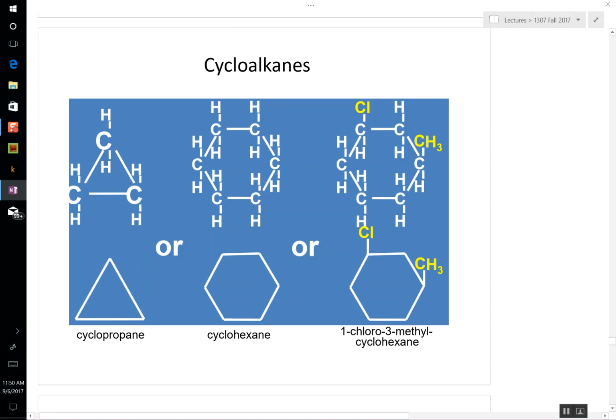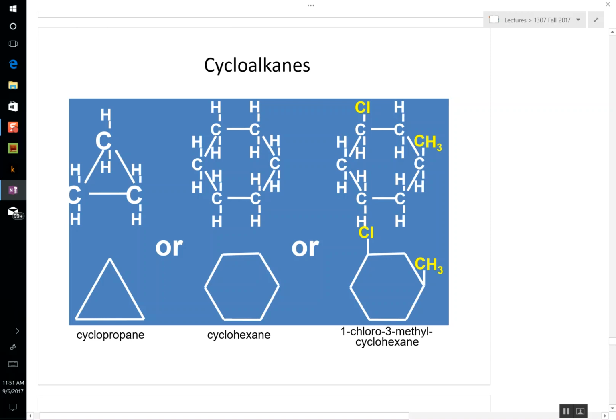Just as common, maybe even more common than hexane itself, is cyclohexane. This can get into different conformations. We'll talk about that in a second. This can wiggle around a little bit without breaking bonds. It has some wiggle room, but not as much flexibility as the hexane itself.